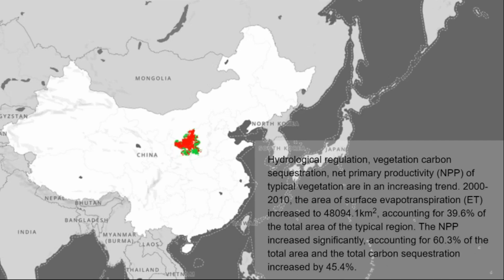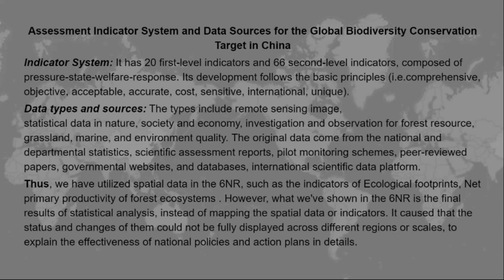From 2000 to 2010, the area of surface evapotranspiration increased to 48,940.1 square kilometers, accounting for about 40% of total area of the typical region. The net primary productivity increased significantly, accounting for about 60% of the total area, and the total carbon sequestration increased by 45%. Next slide, please.